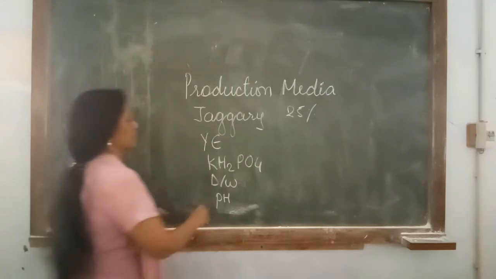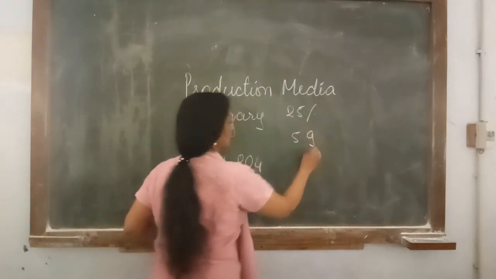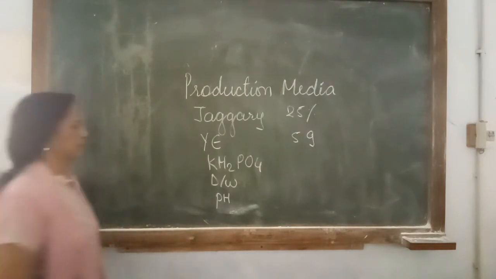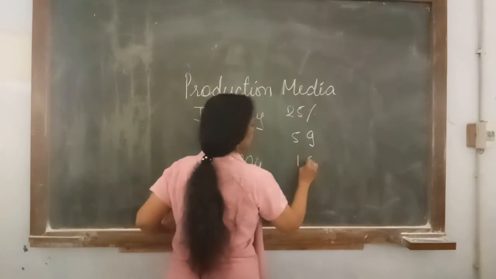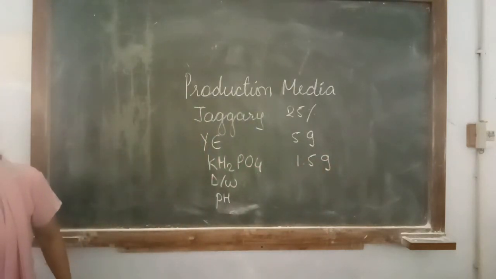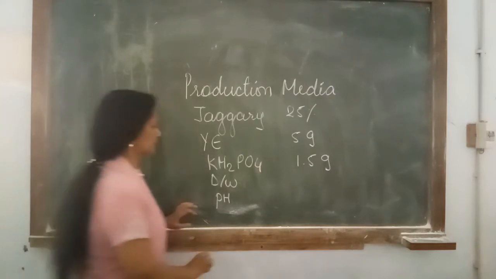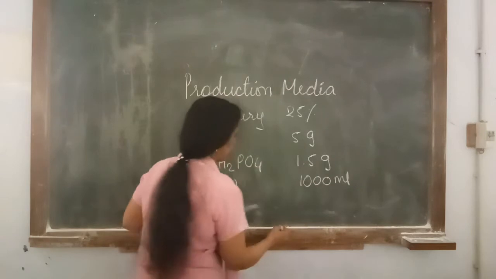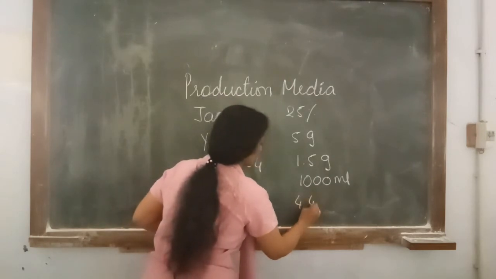Yeast extract is taken in 5 grams quantity, then KH2PO4 1.5 gram, distilled water 1000 ml, and the pH will be 4.4.